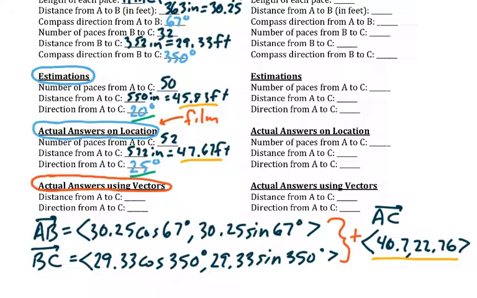You know your formulas, Pythag for mag, and when I Pythag for mag, I got that my length from A to C was 46.63 feet. Will you look at that? That is 46.63 feet. What did I get actual on location? That's pretty close. That's kind of cool.